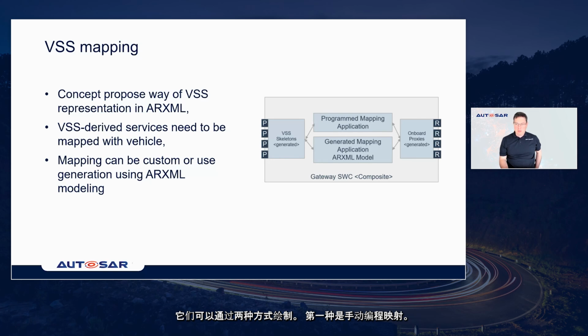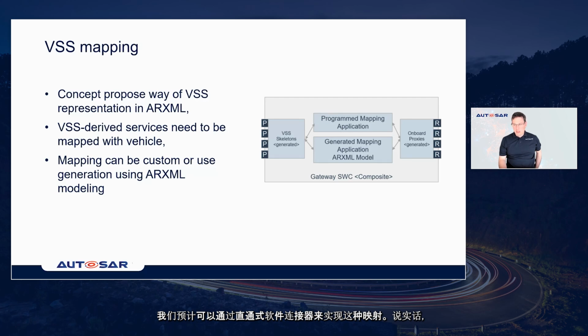And they can be mapped in two ways. The first one is manually programmed mapping. The second one is a generated mapping application like an ARXML model. We expect that it can be done with pass-through software connectors.